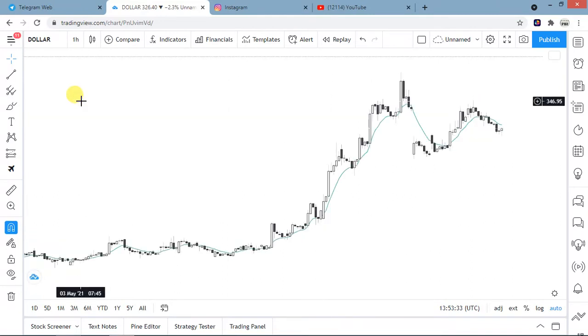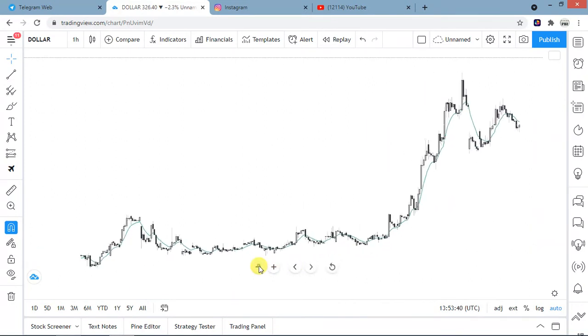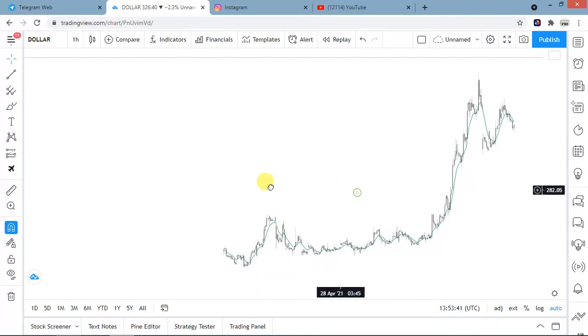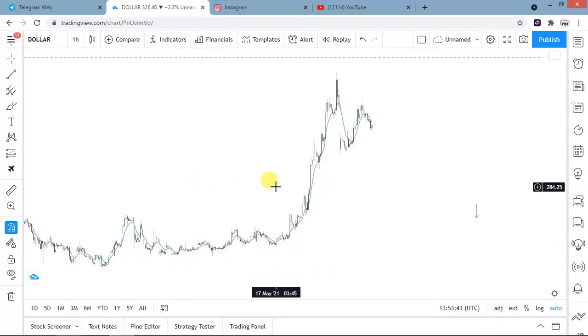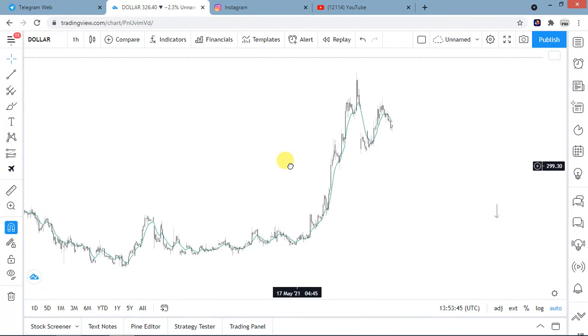Now look here, what is going on. Let me minimize this chart here. Now our structure is like this.